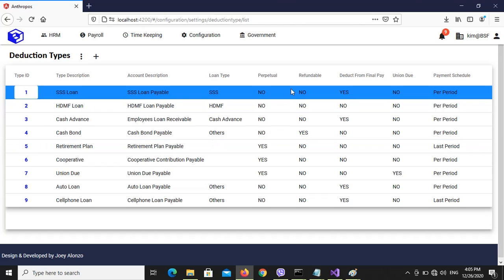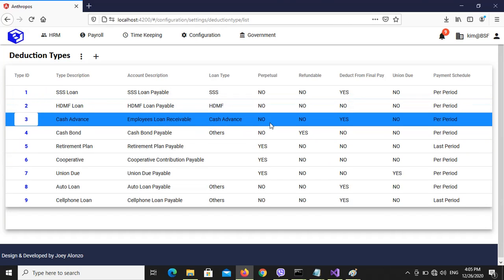Okay, and then the next column is whether it is perpetual or not. So when you say it is perpetual, that means it is not maintaining balance. So as long as the employee is in the company, she will be deducted. This is actually applicable for investments.